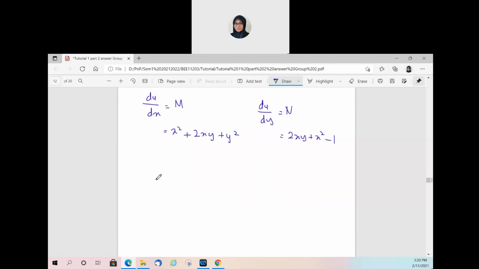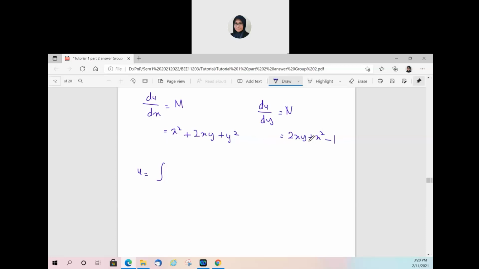Okay. So to find u, we integrate either one. If you choose this du over dx, then you integrate terhadap dx. If you choose this one, so you integrate y. Tak kisahlah mana-mana je.